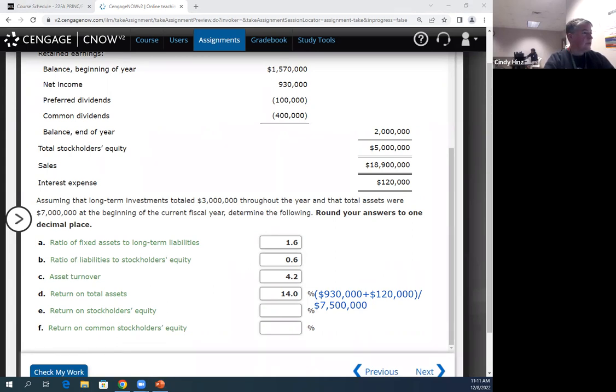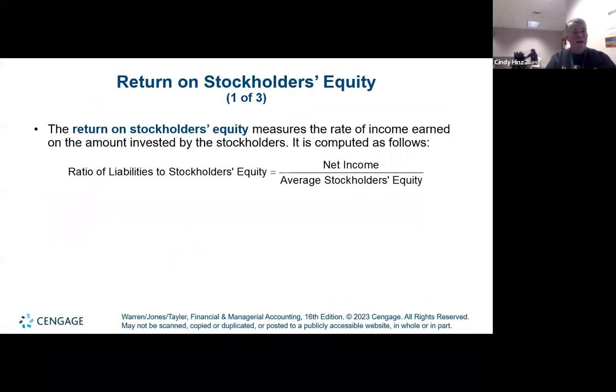Let's go to return on stockholders' equity then. And so we've been comparing how are they using their assets to generate income, how are they using their assets to generate sales. In this measure, we're looking at how does their income compare to their average stockholders' equity.